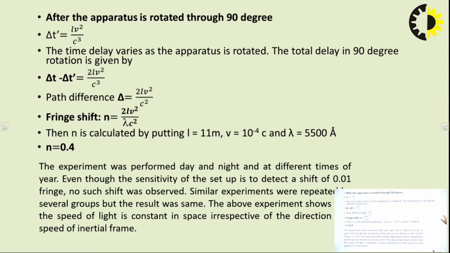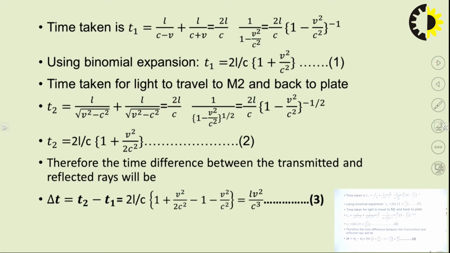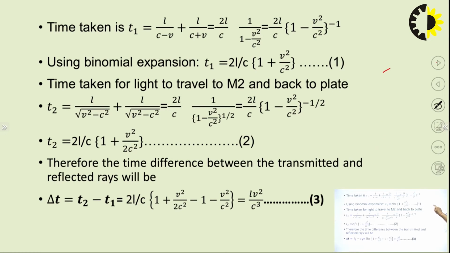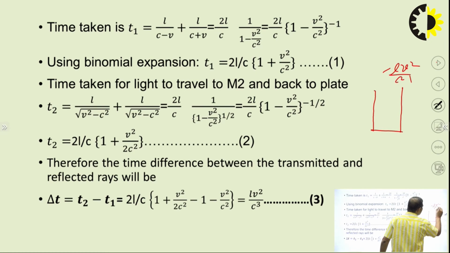So we can say that basically if our fringe was in this position, related to the origin, this is the fringe shift position, that is LV square upon C square lambda.